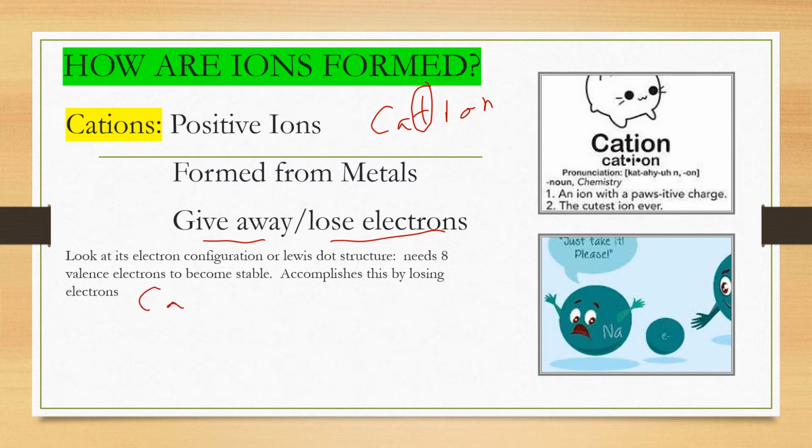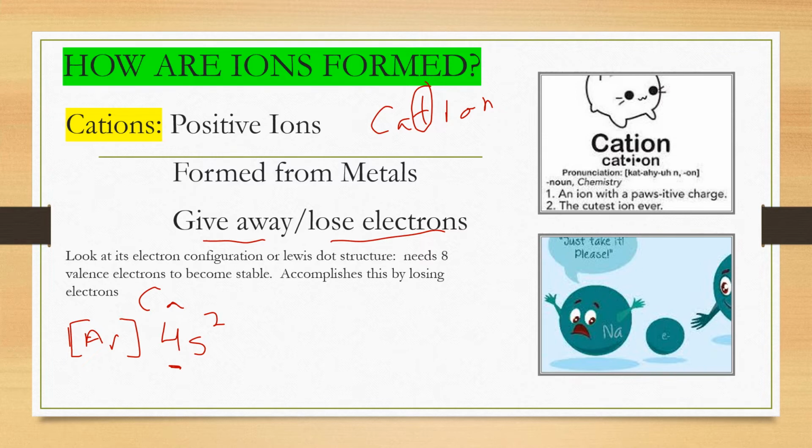All right, calcium's electron configuration is, let's just do its noble gas configuration. The noble gas configuration is actually argon, and then it is 4s2. So that means at its highest energy level, which is 4, it has 2 electrons.